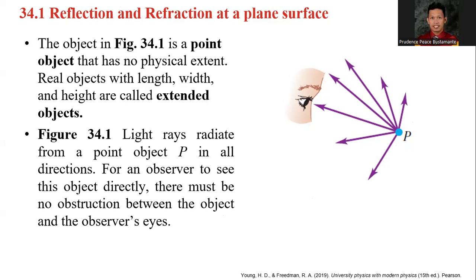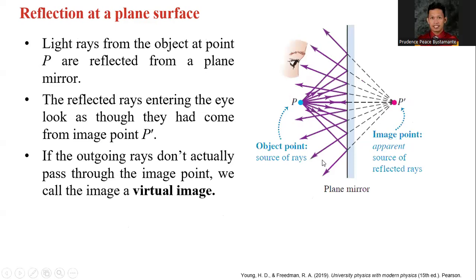Review our discussion on reflection and refraction of light, chapter 33. Here in the figure, we have a plane mirror with an object at point P, which is the source of the rays. Light rays from that object at point P are reflected from the plane mirror.